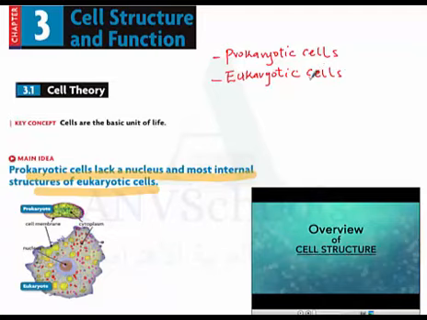The main difference between the two is that prokaryotic cells normally do not have a nucleus. So these prokaryotic cells lack a nucleus.